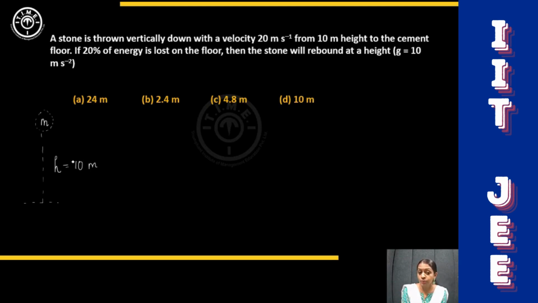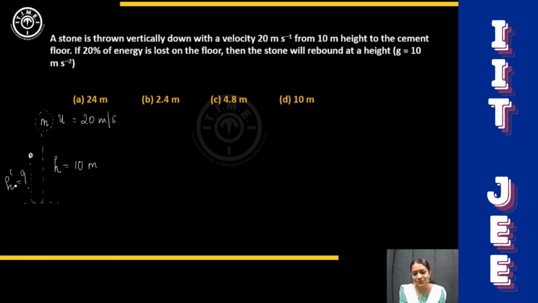The stone is not dropped from rest, it is thrown vertically downwards with a certain initial velocity, and that initial velocity is given as 20 meter per second. Let us take it as u. Okay, and now it is given that when the stone hits the floor, it loses 20% of its energy. Okay, and with the remaining energy, it is rising up, it is rebounding and reaching a certain height. Let it be h dash, and this is what you have to find out. Hope the question is clear.